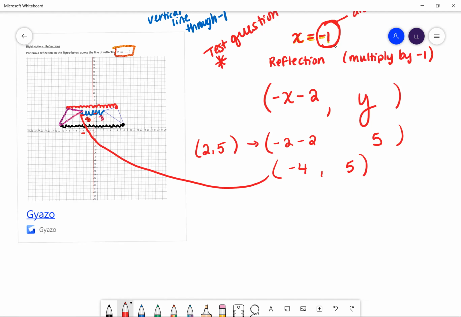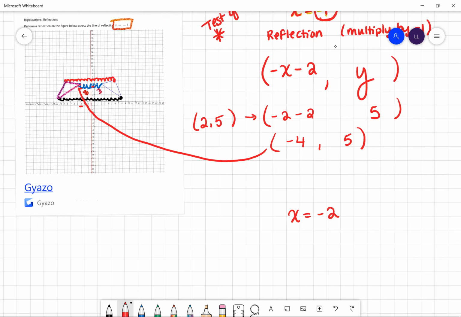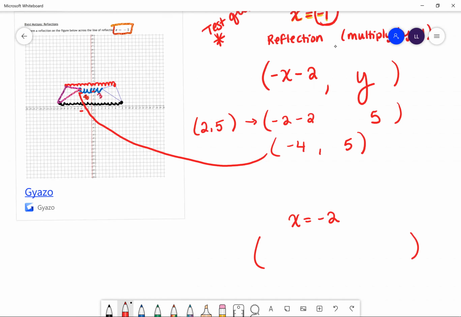If the line of reflection was x equals -2, then the function rule would be: the y coordinates stay the same. It's a reflection, so I would do negative, but the distance is multiplied by 2, so it's going to be 4 that we moved. Now let's do a positive number.